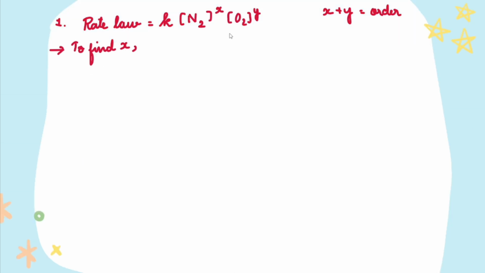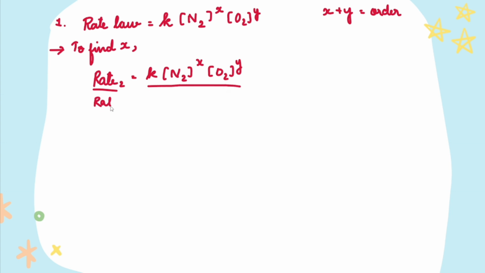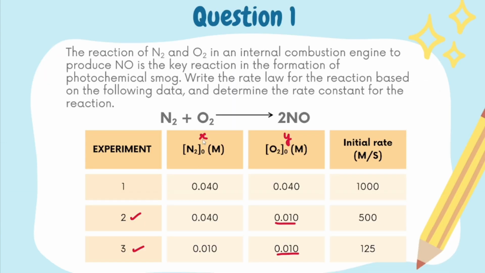By using the same formula, we are going to write the rate of the second experiment divided by the rate of the third experiment. Now we will substitute the values, okay?